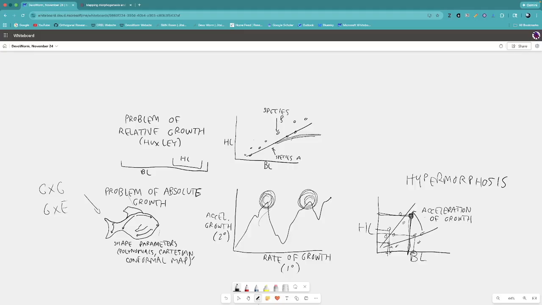But then you can also say, okay, there's an acceleration of growth at this point in development, why? It could be because of some phase in development. It could be because of certain environmental factors. It could be that there are genes that are interacting at some point in development. So it's just a different way to characterize it. But I just wanted to point out there are important differences between the two.